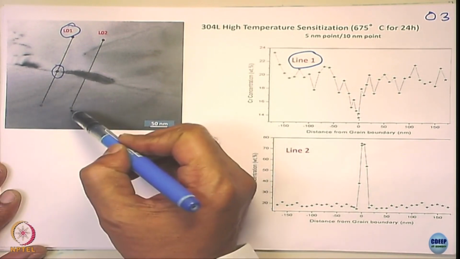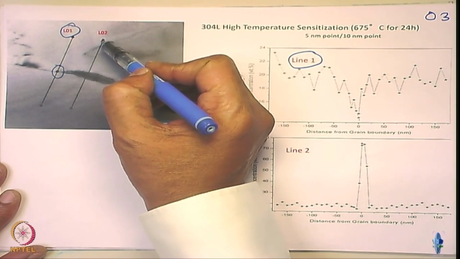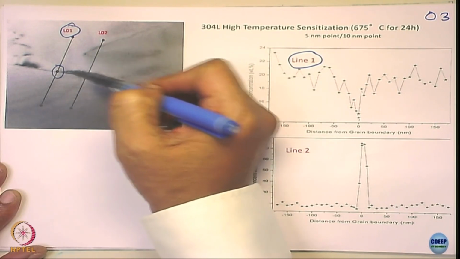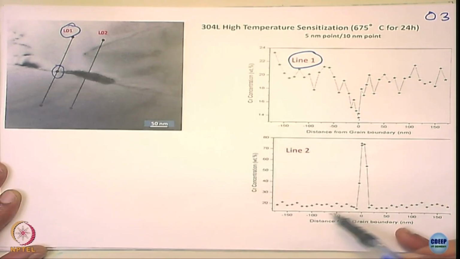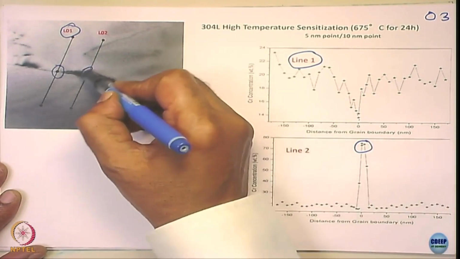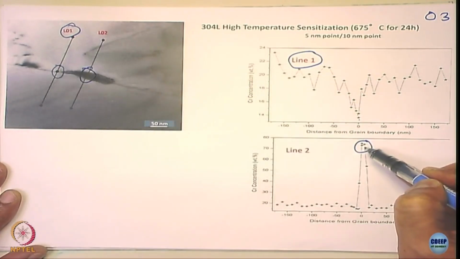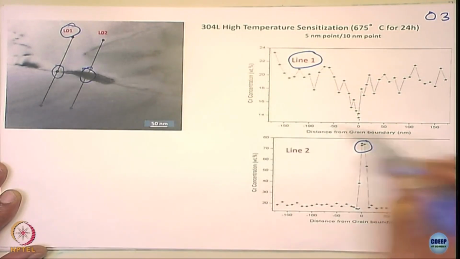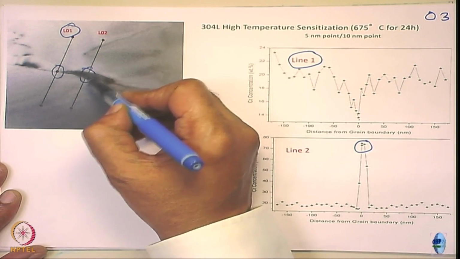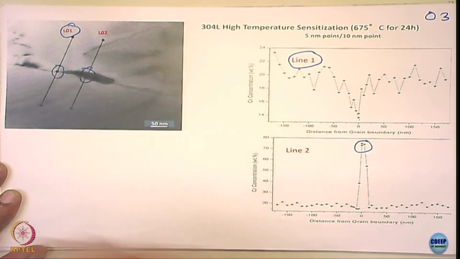You also did a scan across the grain boundary where you have a chromium carbide precipitate. Now you see here the chromium carbide has higher chromium content. It is understandable, right? There is more chromium here because of the chromium carbide formation.